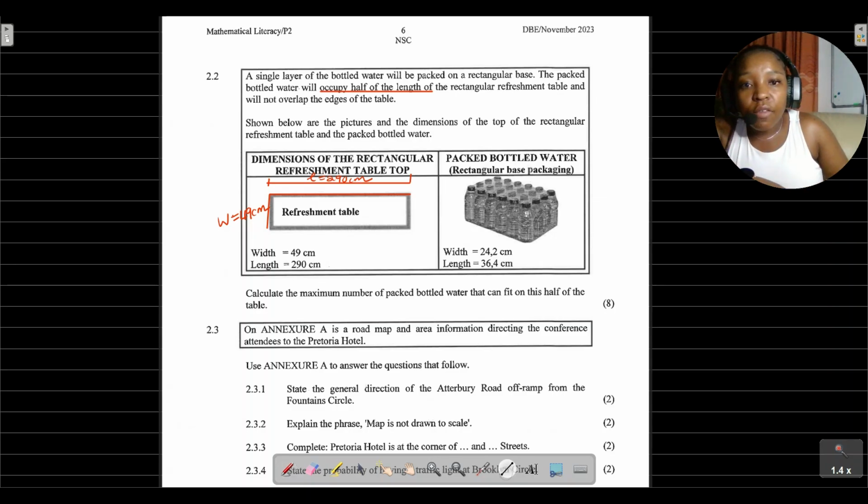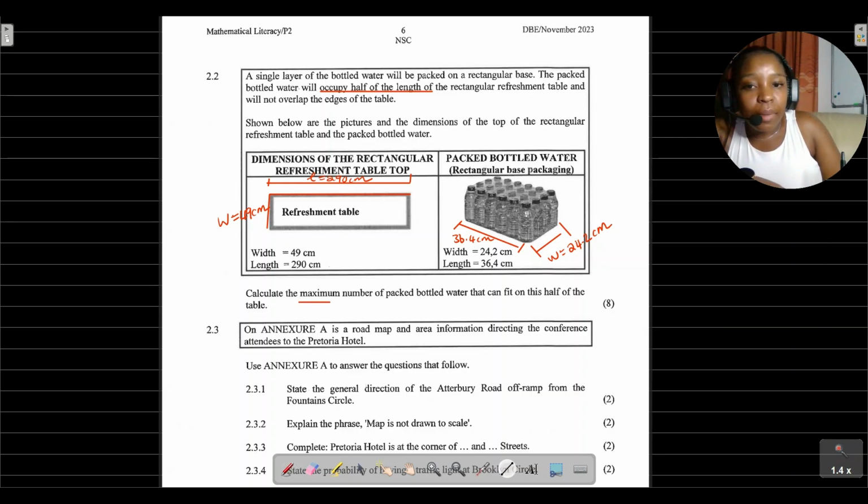The width for this packed water, from there to there, is equal to 24.2 centimeters. And we are told that the length is equal to 36.4 centimeters. Calculate the maximum number of bottled water that can fit on this half of the table.